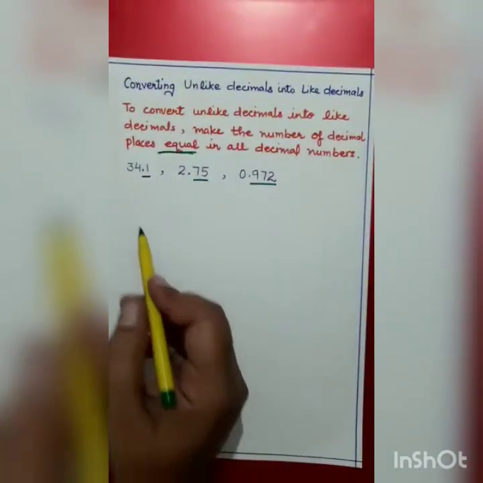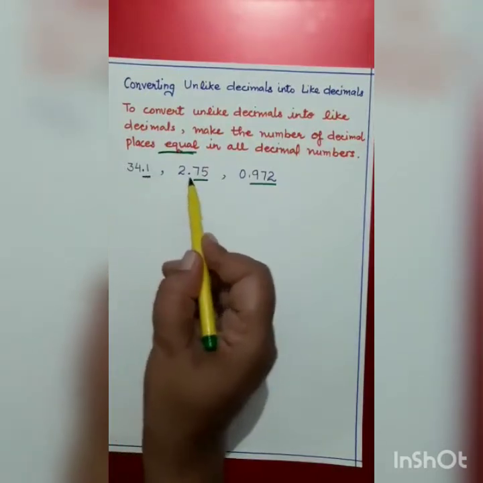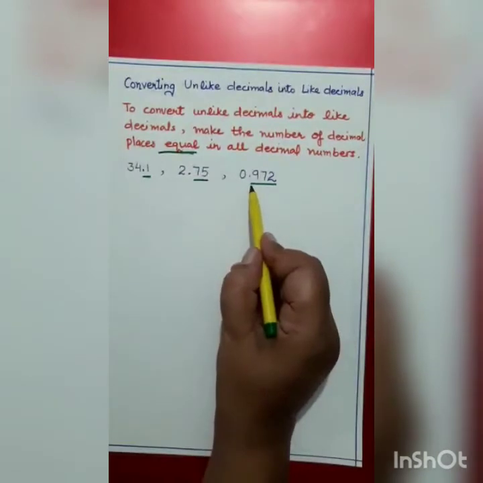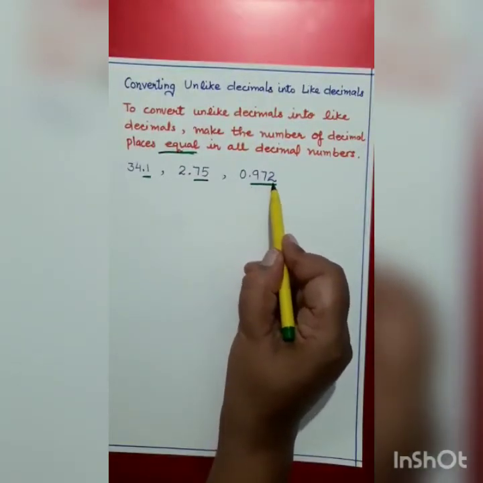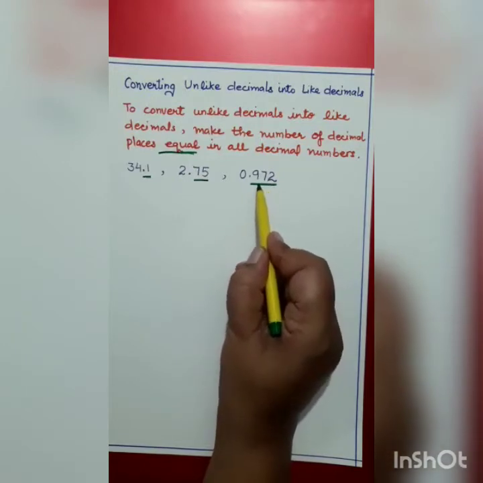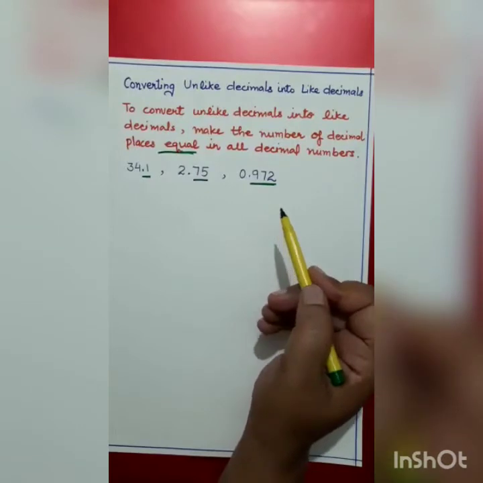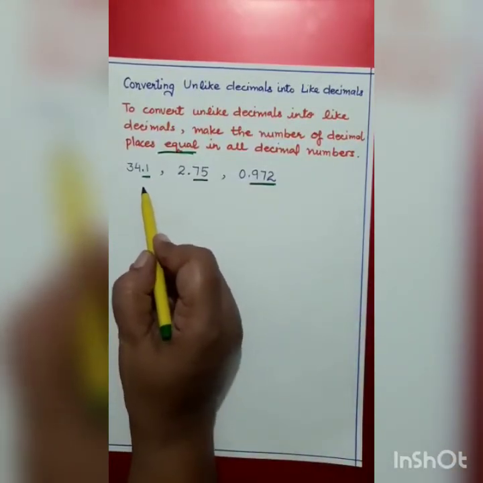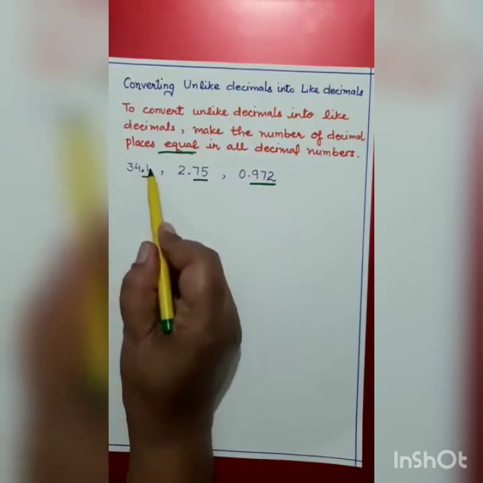For example, we have 34.1 with one decimal place, 2.75 with two decimal places and 0.972 with three decimal places. Here the maximum decimal places are 3. To convert into like decimals, each one of them must have three decimal places after the decimal point.